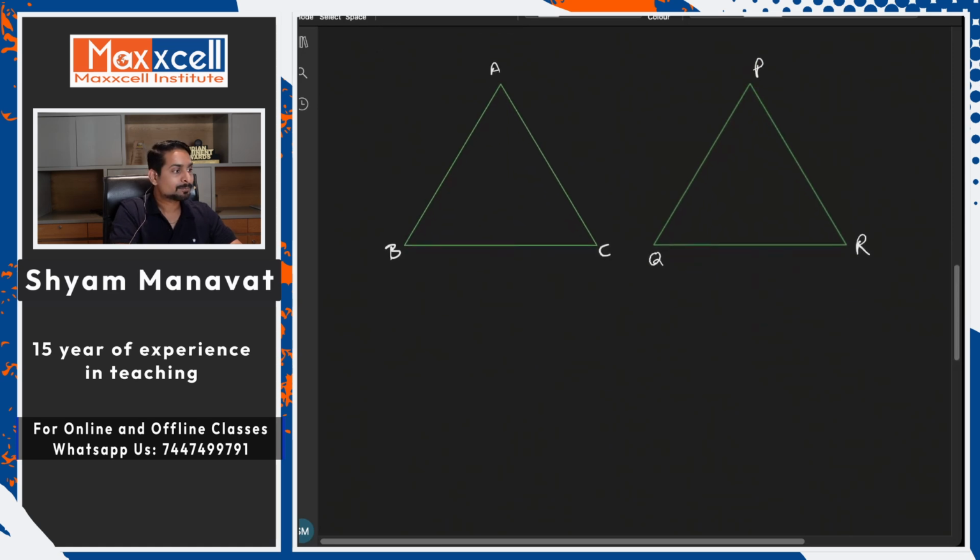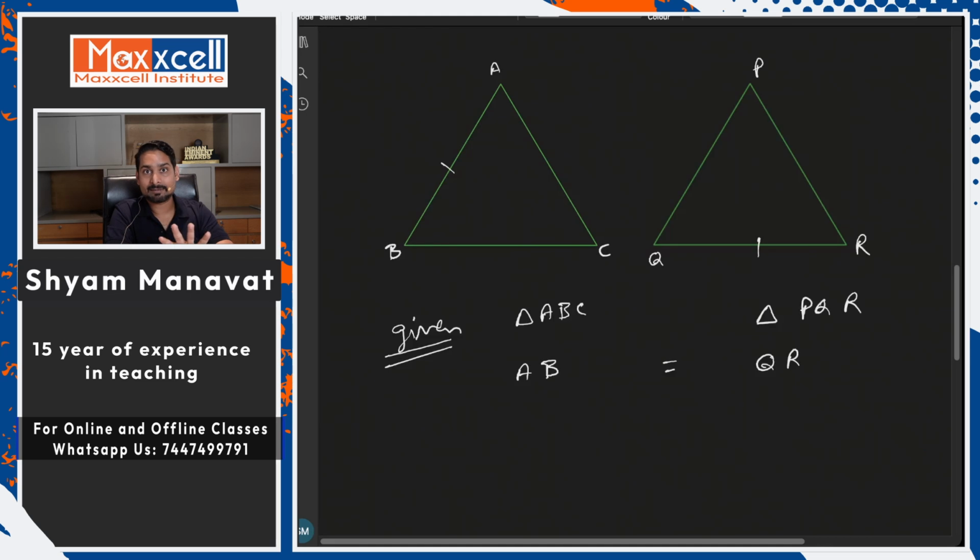So see how it will be. Suppose it is given that AB is a side of triangle ABC, and here you have the sides of triangle PQR. So AB is equal to, let's say, QR. Sides are equal, right? It's not necessary that this inclined side has to be equal to PQ.